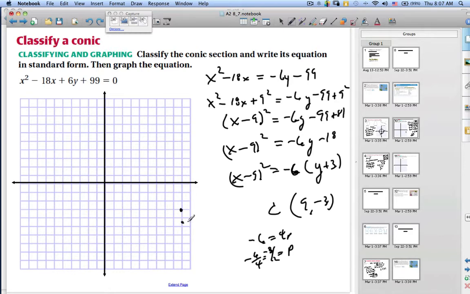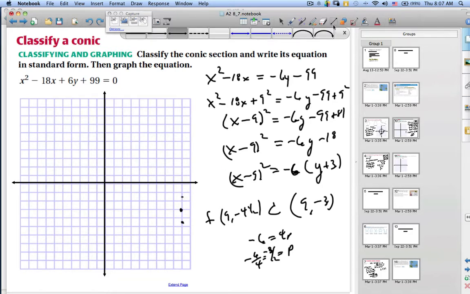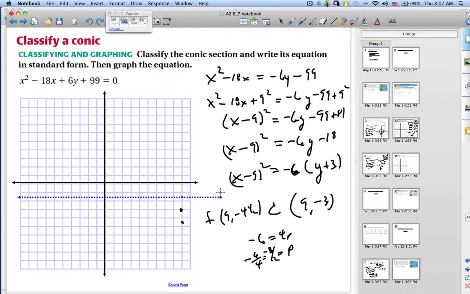There's my focus. So my focus would be at (9, negative 3 minus 3/2). That's negative 4 and 1/2. Okay, there's my focus. I'm going to go up 1 and 1/2, and that's where my directrix will be. So my directrix will go through here.